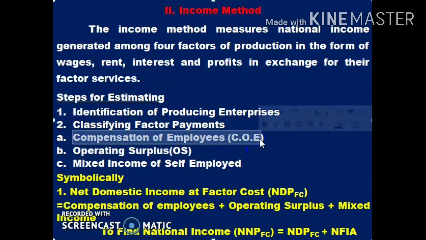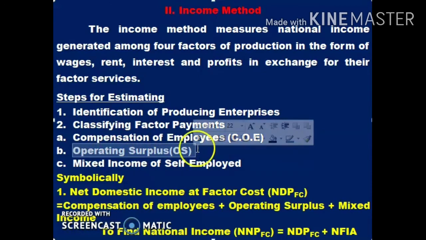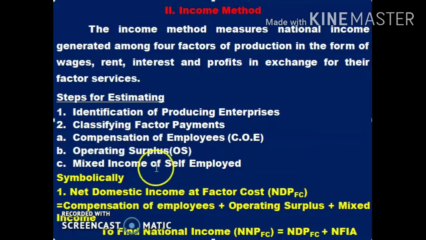Okay, so we will be seeing one chart under that, and you will understand it. Next is operating surplus. Sometimes in the question, operating surplus will be given directly instead of split-ups. If split-ups are there, they will be in the following forms. First you may have rent, the income received from factor services.